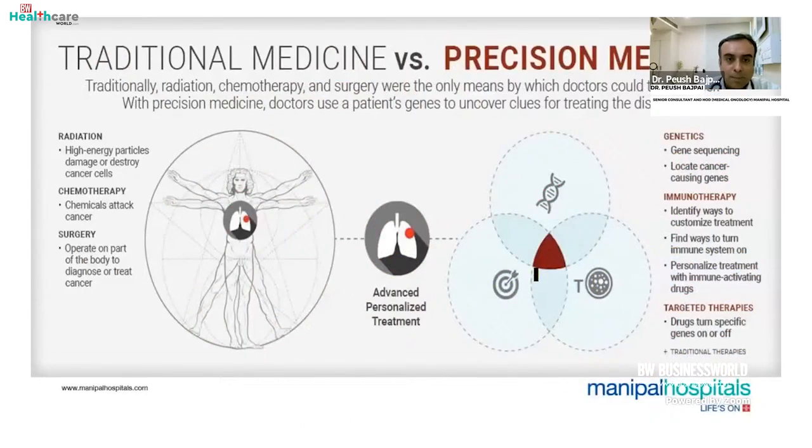So talking about what has happened, traditional medicine versus precision medicine, we now know how the chromosomes are arranged and how many genes there are, and we know the details of it. So now we can harness the power of it, and what we are now using is genetics, immunotherapy, and targeted therapy.